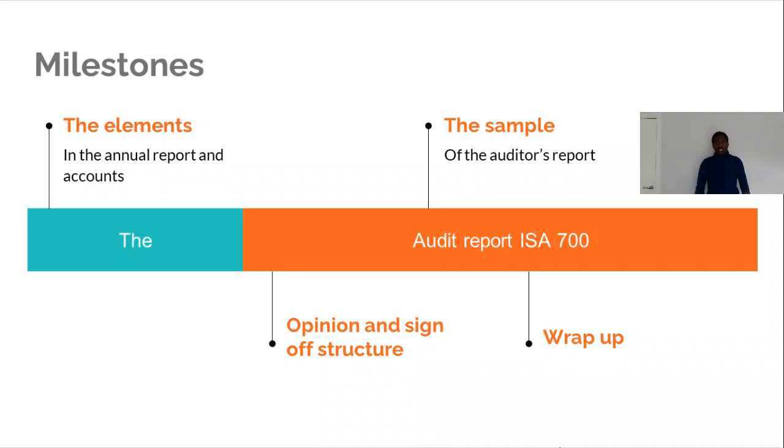ISA 705 branched into modification and qualification of audit reports, and ISA 706 emphasizes emphasis of matters and other matter paragraphs, how to write them.